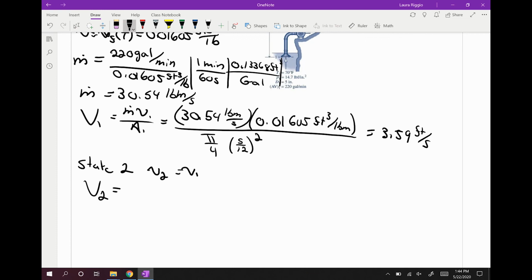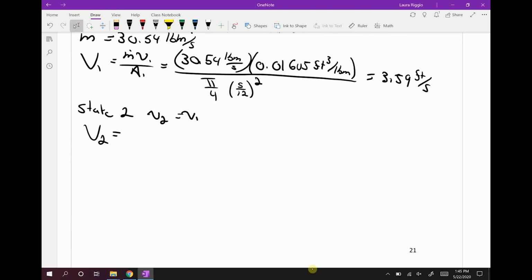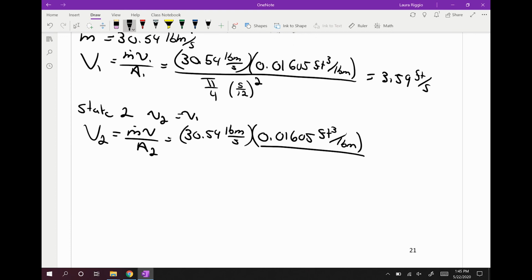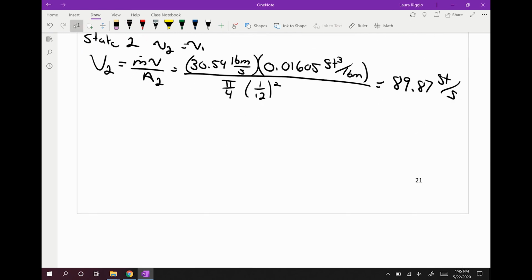So our velocity at the exit is equal to our mass flow rate times our specific volume over our new area, which is 30.54 pounds per second times 0.01605 feet cubed per pound divided by pi over 4 times the exit diameter squared. We get our new velocity is 89.87 feet per second.